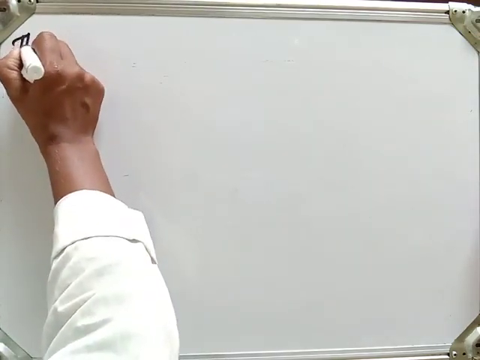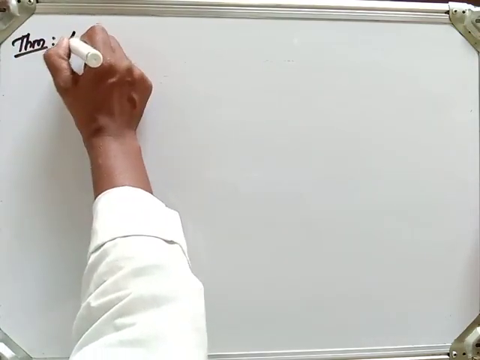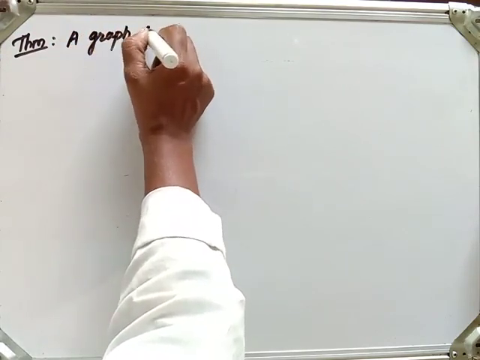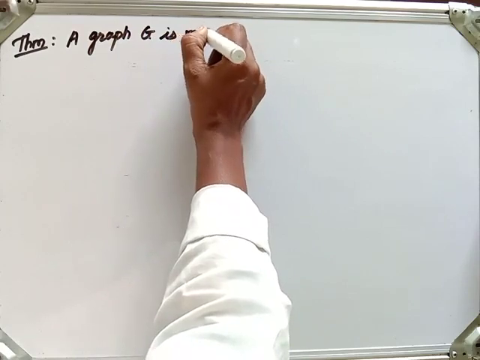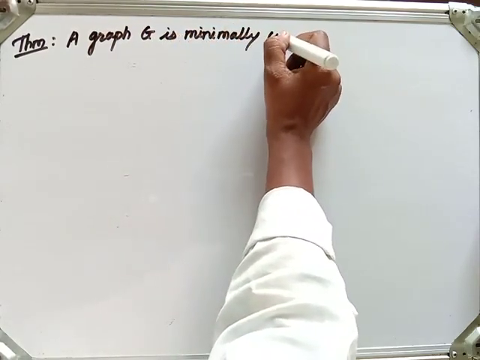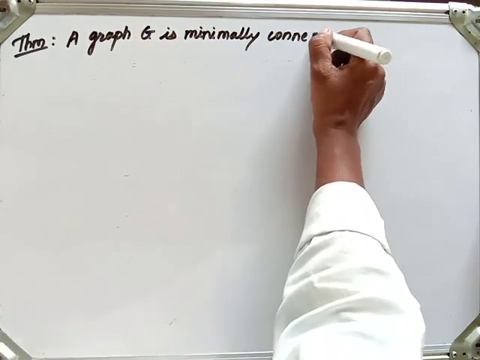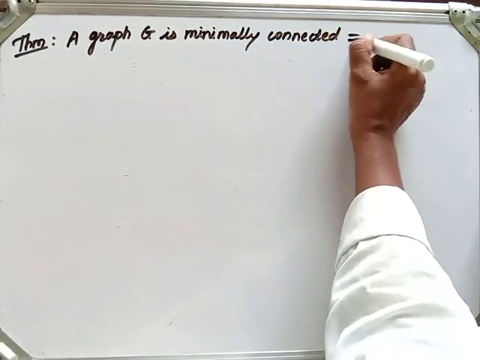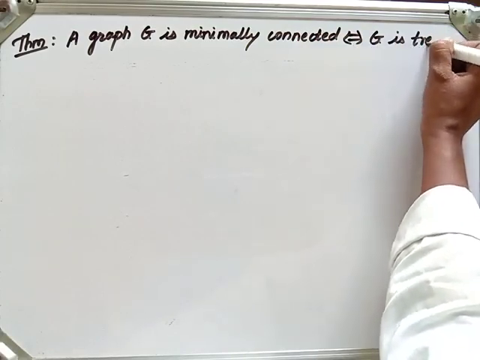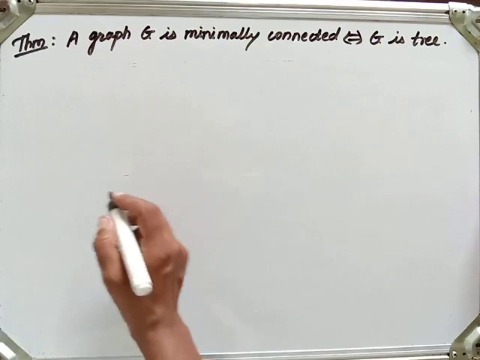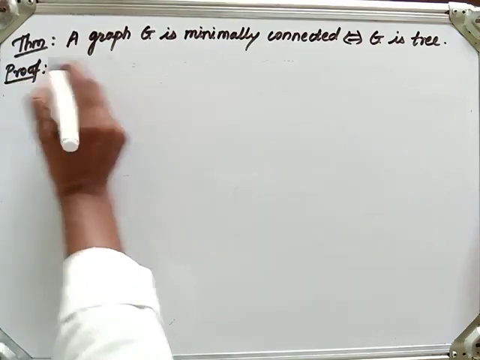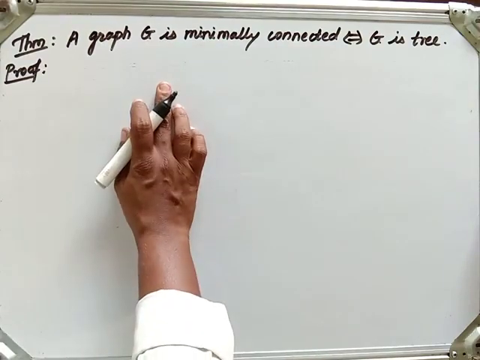Theorem: a graph G is minimally connected if and only if it is a tree. So both ways we have to prove, right?